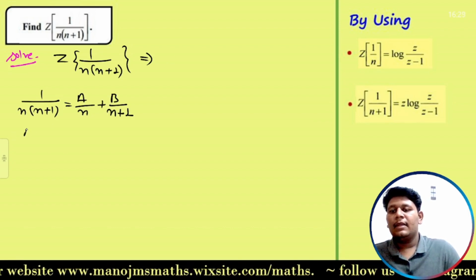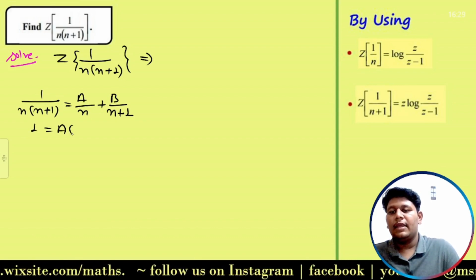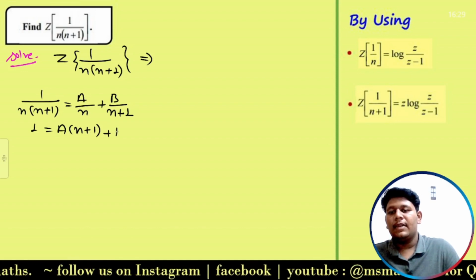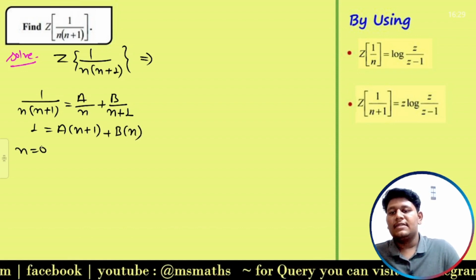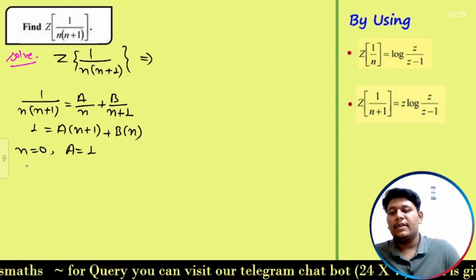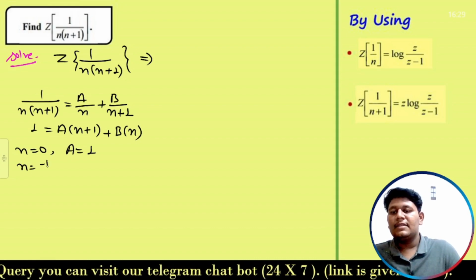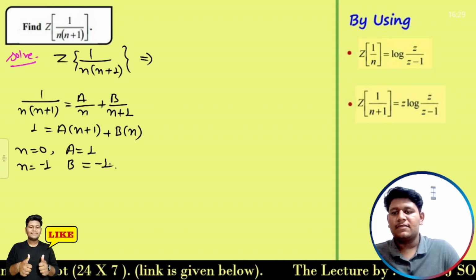Now I can write 1 is equal to a into n plus 1 plus b into n. Putting n equals 0 here, we get a equals 1, and similarly n equals minus 1 gives b equals minus 1.